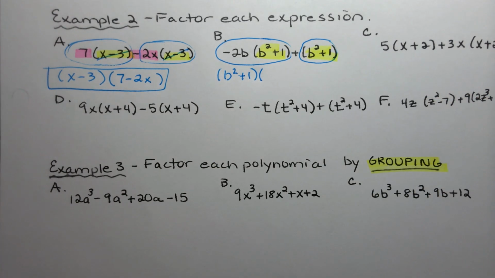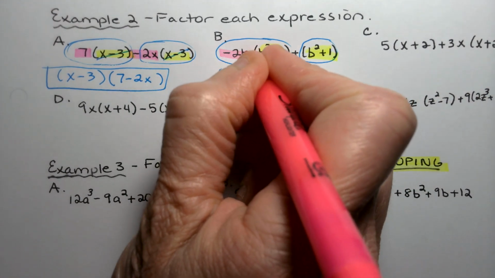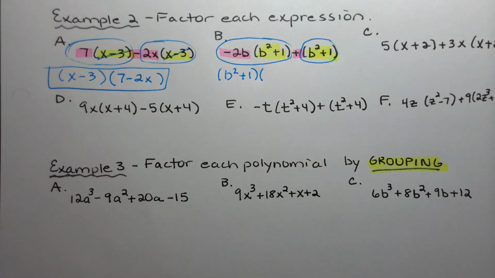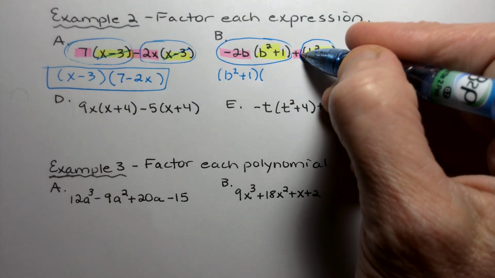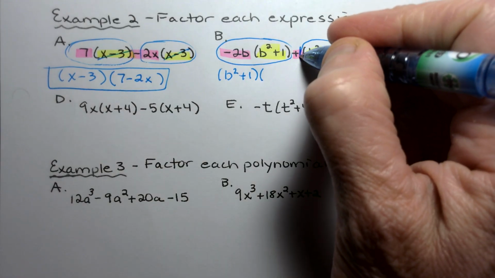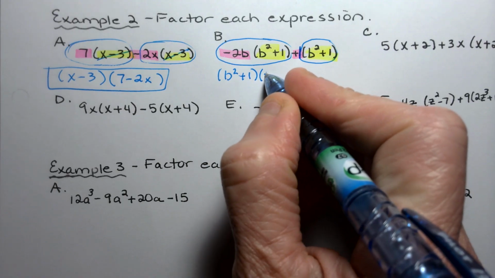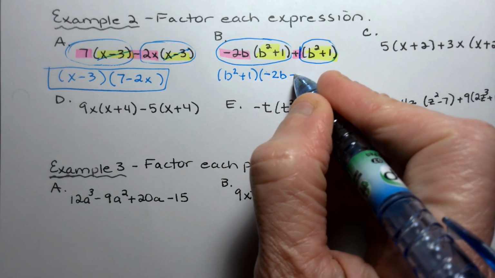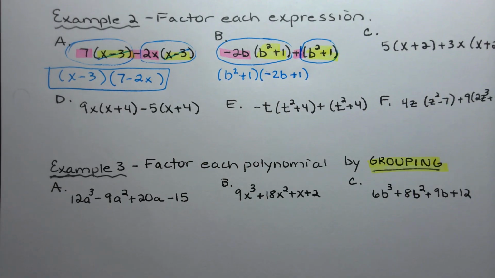And then what is left inside? 2b plus what? There's nothing written there. What's there? What's before that parenthesis, even though it's not written? A 1. Negative 2b plus 1.